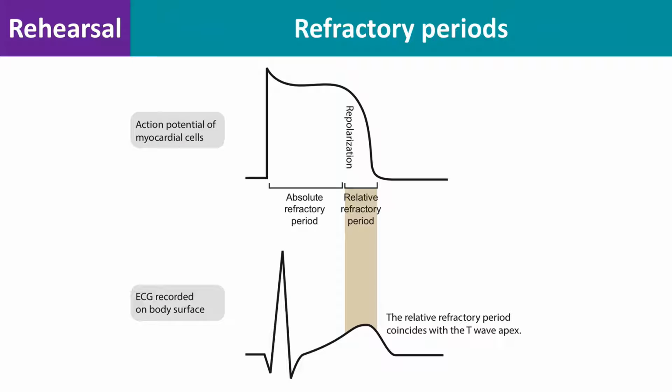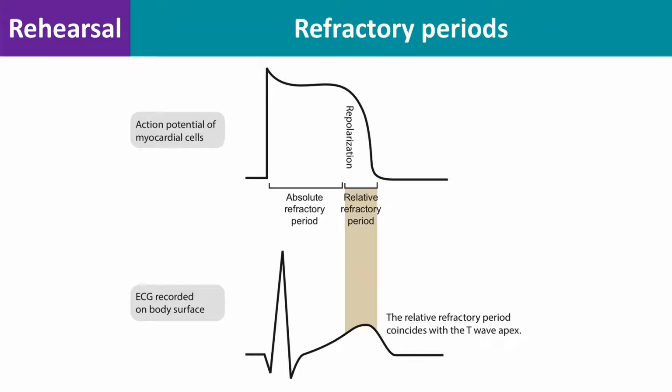Now, in the previous lecture, we also discussed the refractory periods, and there are two refractory periods during the action potential. There's an absolute refractory period and a relative refractory period. So what you need to know about this is very simple.